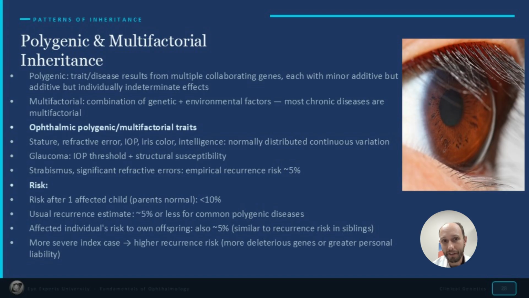So most chronic diseases are multifactorial, which basically means things happen and we're not 100% sure why. So height, iris color, refractive error, even glaucoma are all polygenic and multifactorial, and there's usually not one gene. Even the MYOC gene in glaucoma, it's associated with glaucoma, but it's not a really true genetic inheritance.